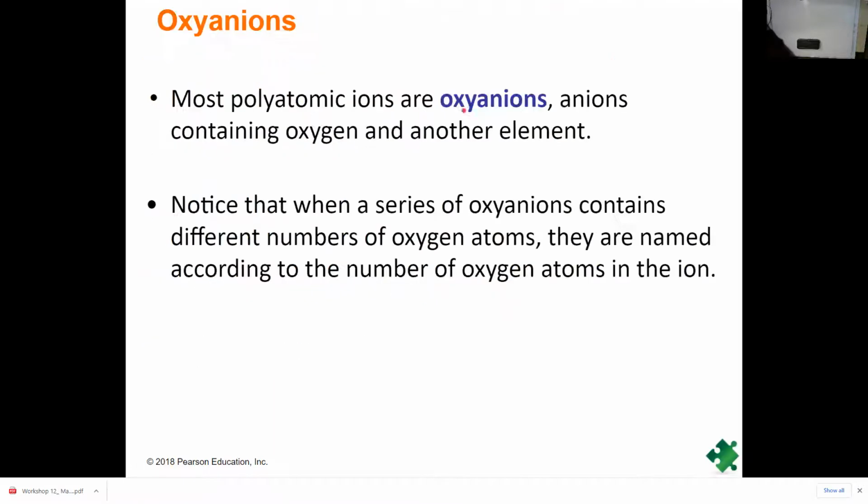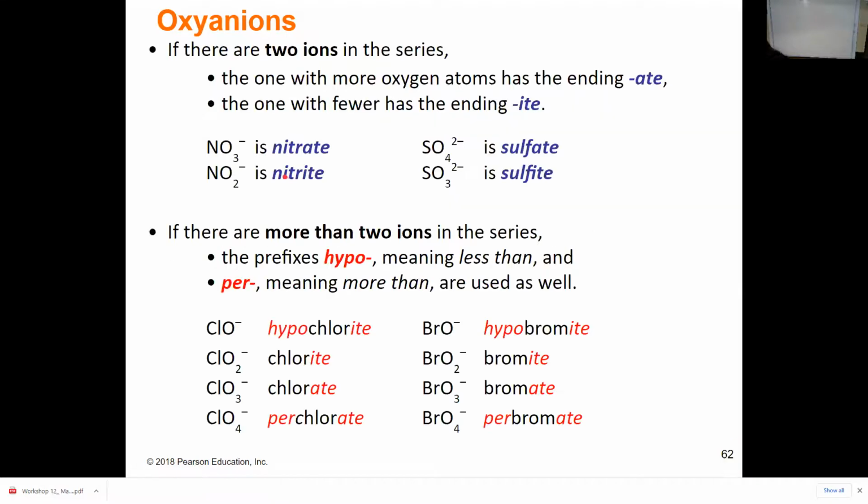Okay, there it is. So we call something an oxyanion when it contains oxygen. Hopefully that makes sense. But the names of these oxyanions are dependent on the number of oxygens that are attached to the other nonmetal in that ion. Okay, and there are 2 types of oxyanion series.